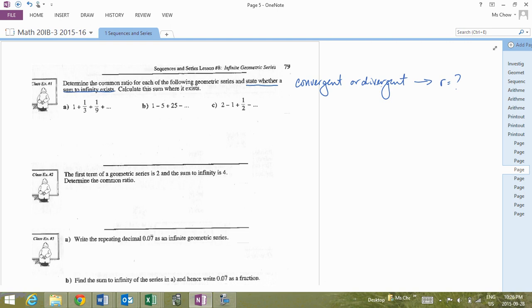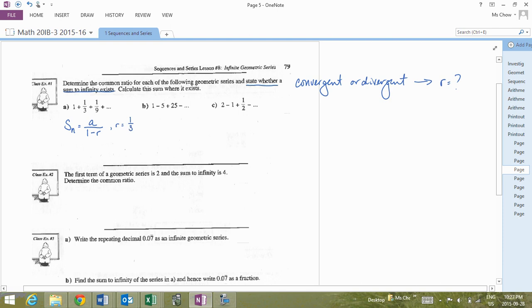So 1 plus 1/3 plus 1/9. We know already that the common ratio is 1/3. Therefore, it is convergent. It's a convergent series. So if we're looking at our formula, we know that S infinity is equal to a over 1 minus r, and r is equal to 1/3.